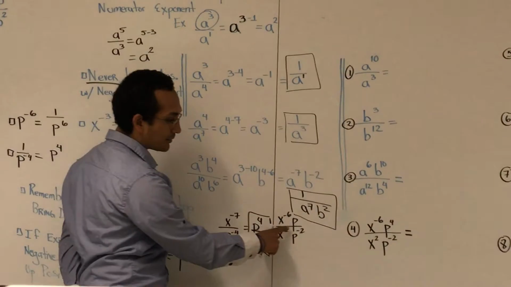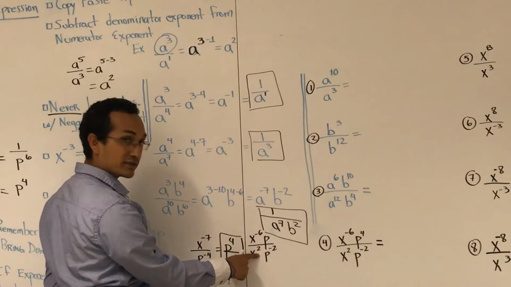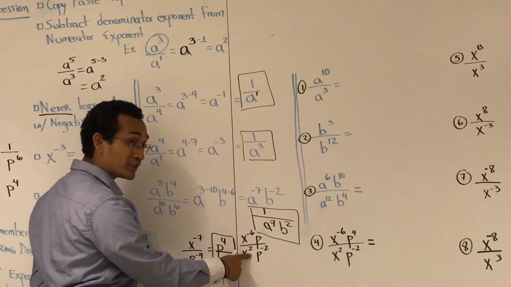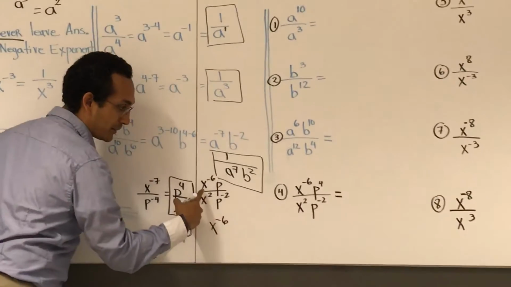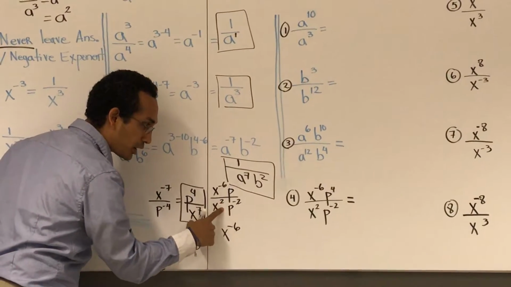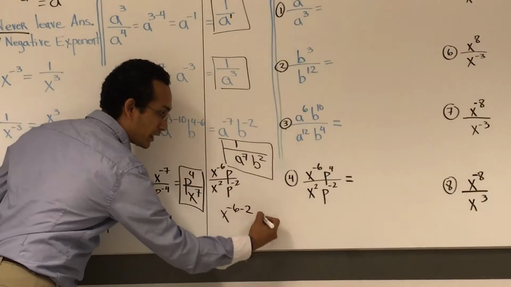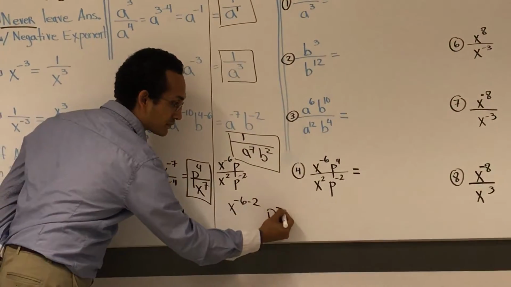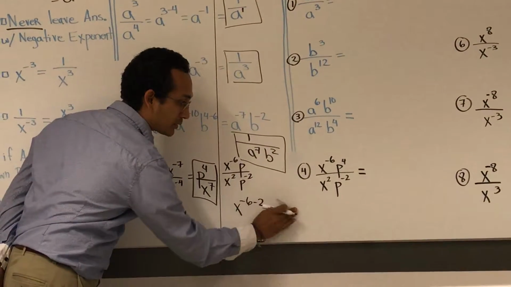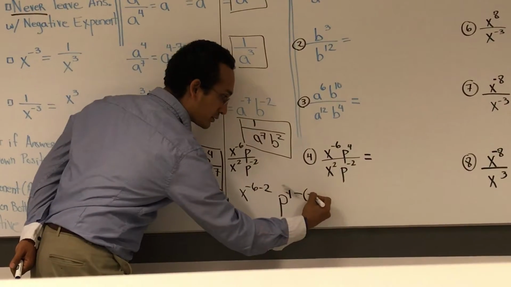What happens when you have something like this, when you have x to the negative 6 and x squared? Well, you do the same thing I taught you. X to the negative 6, copy paste, and you subtract the bottom denominator, x minus 2, right? And then you have p, and then minus p to the 1st power, minus this, minus 2.